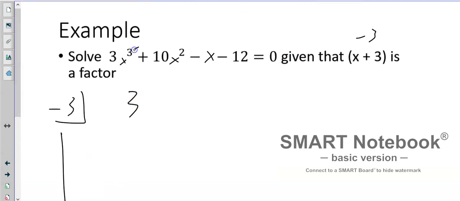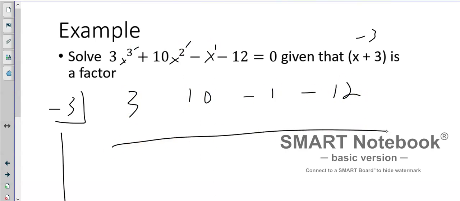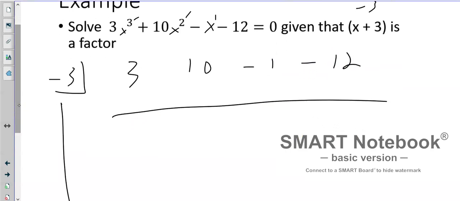So we have 3, 2, 1, 0, 3, 10, negative 1, negative 12. Draw our line. And let's see if I can do my math correctly this time. Drop the 3, multiply by negative 3, which is negative 9. Add straight down. Multiply by negative 3, add straight down. Multiply by negative 3, add straight down.